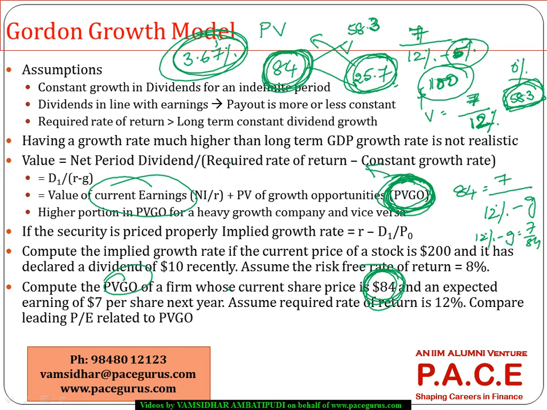It is much higher for a heavily growing company, whereas for a slow, stable growth company, that number is much lesser.